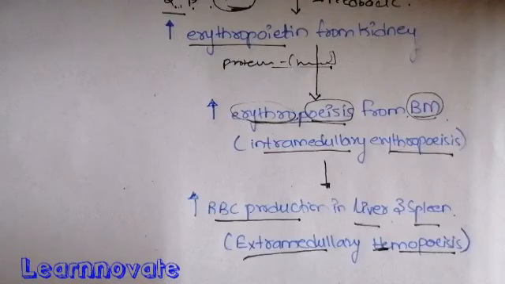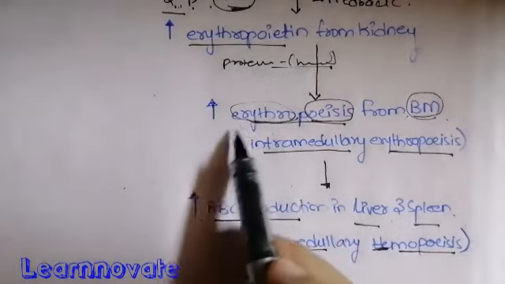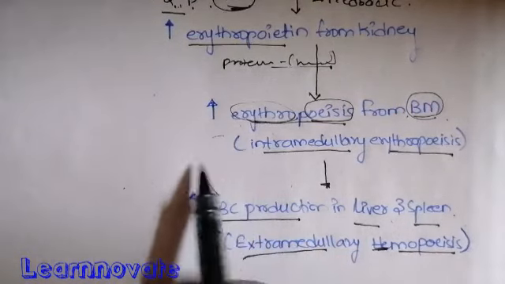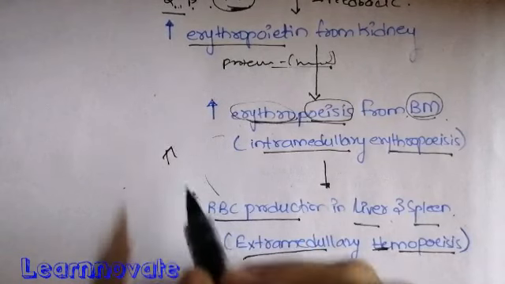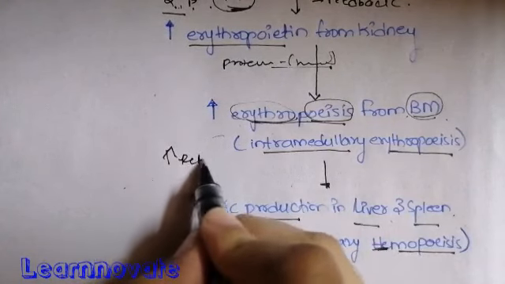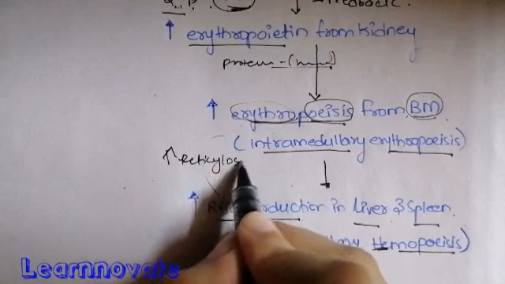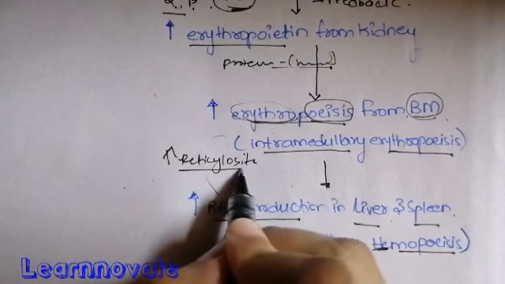So extramedullary erythropoiesis occurs outside the medullary cavity, in areas of the liver and spleen not related to bone marrow. Both types of erythropoiesis will ultimately increase the concentration of reticulocytes.